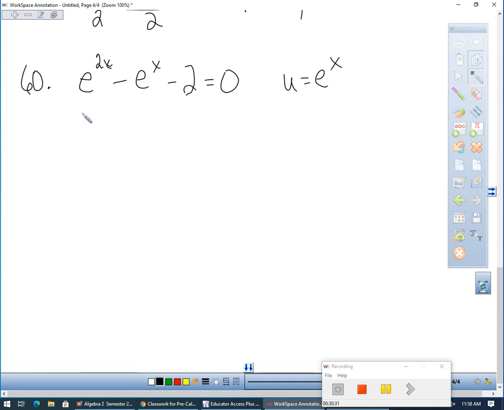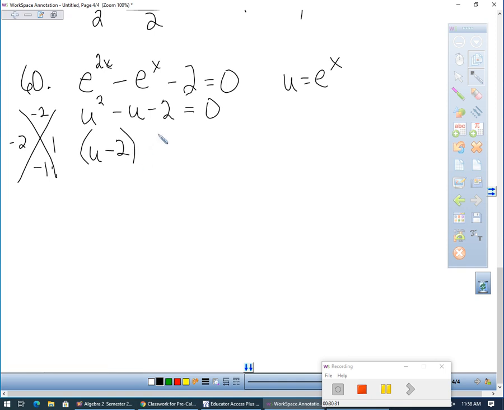So really, I have u squared minus u minus 2 equals 0. So then we can go ahead and factor that. Negative 2 on top and negative 1 on the bottom means that my factors are negative 2 and positive 1, or u minus 2 and u plus 1 equals 0. So u equals 2 and u equals negative 1.